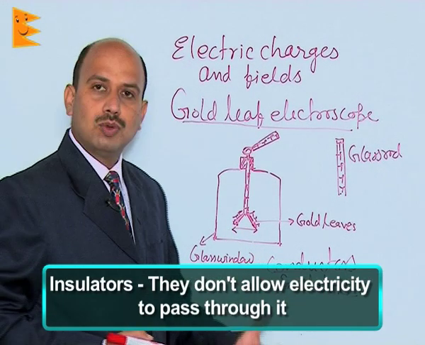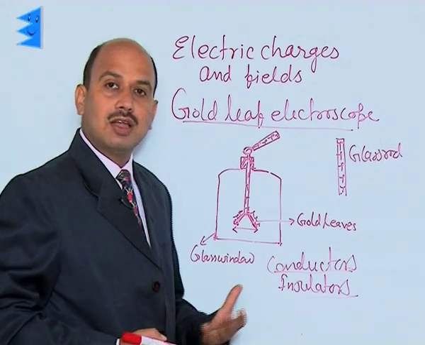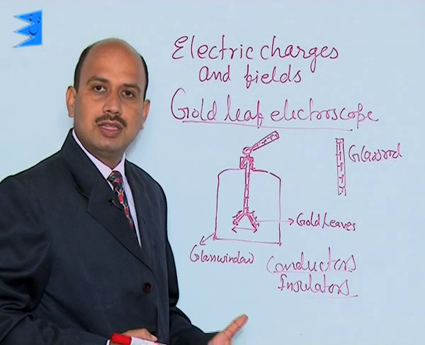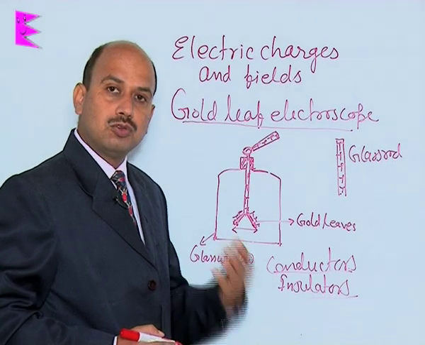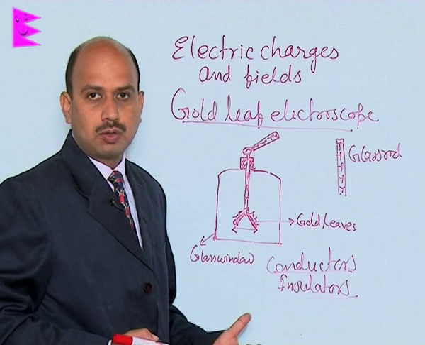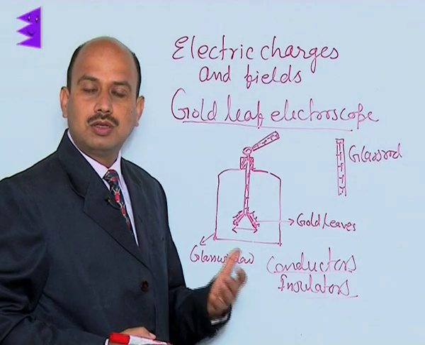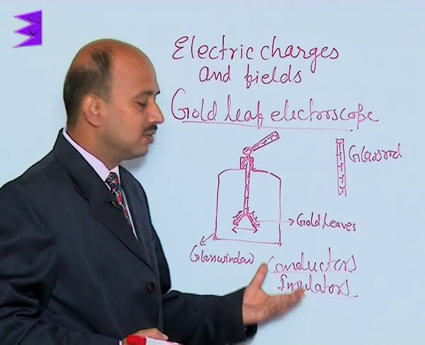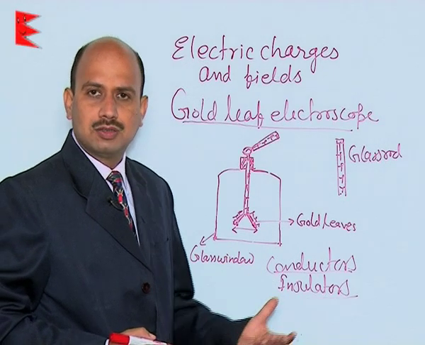If the charges are on the metal part, they are free to move. But if the charges are produced on insulators, they cannot move, they are localized only. Examples of insulators are a plastic rod and nylon.